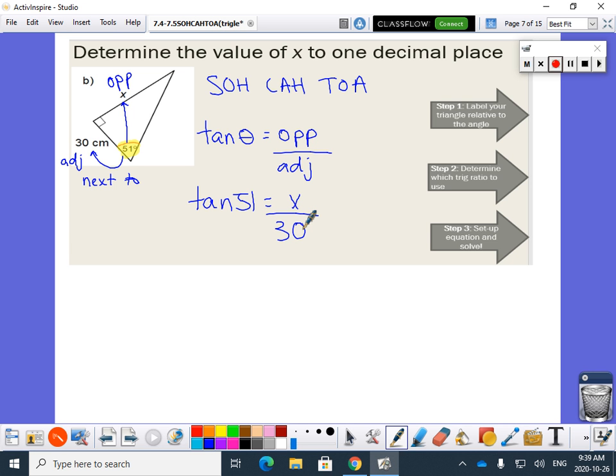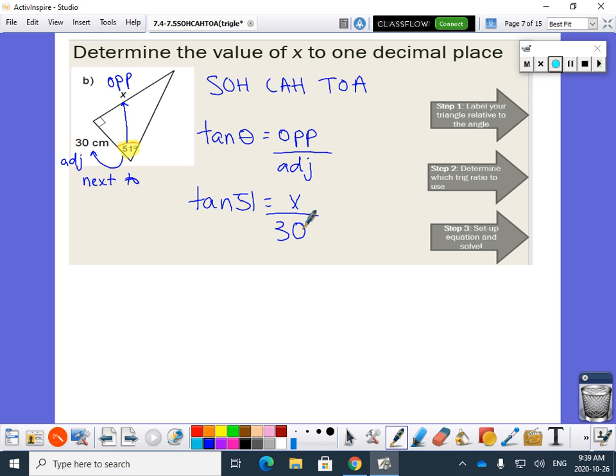Good. Now, this is where review of getting rid of fractions, elementary school grade 9, comes into play, and we'll review it. In this case, we want to be able to figure out x, right? We're trying to figure out this unknown side length, the length of the opposite side. So we want to get x on its own.